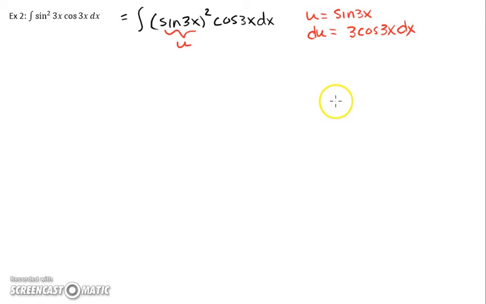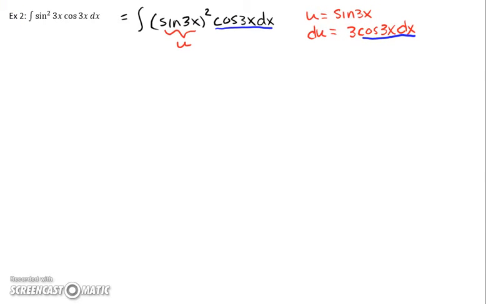So there's a little bit of an issue here. In our problem, we have a cosine 3x dx, but du does not equal cosine 3x dx. du equals 3 cosine 3x dx. So we need to worry about that 3.